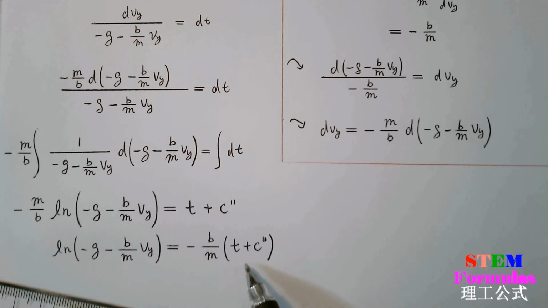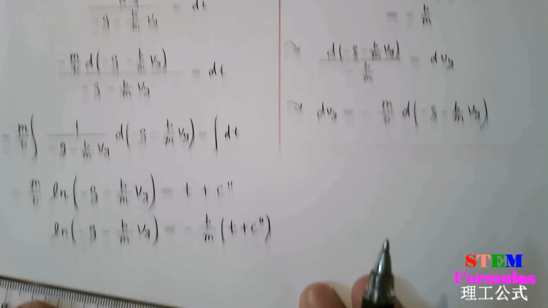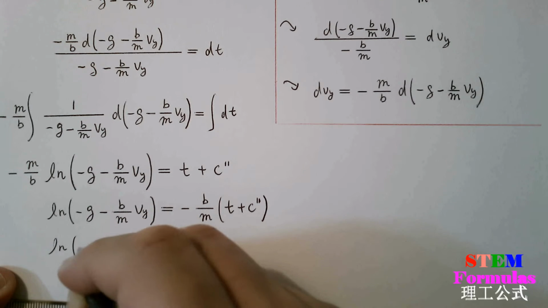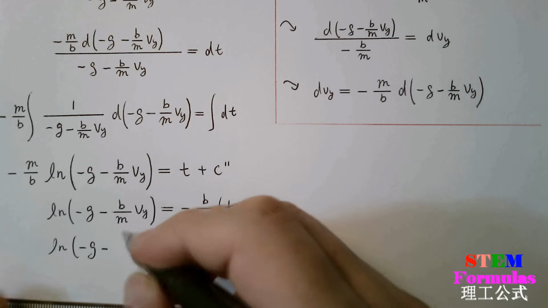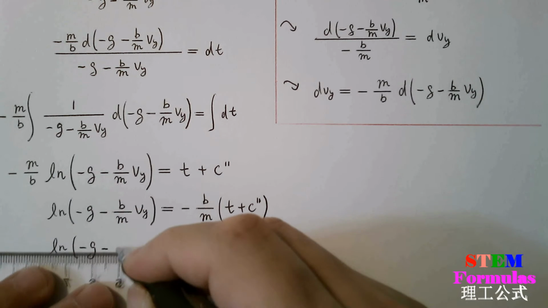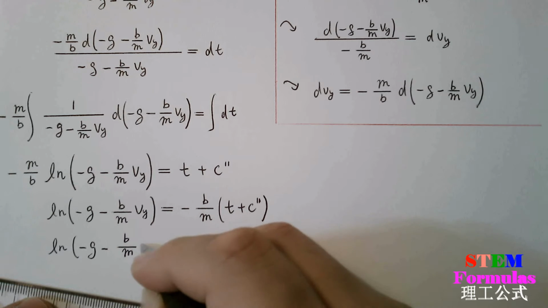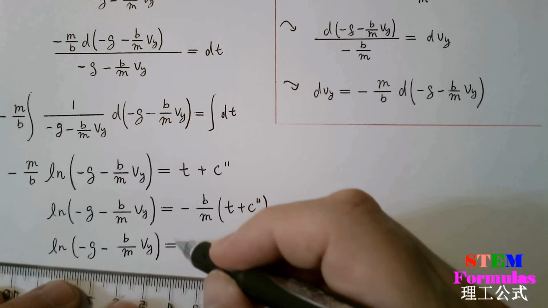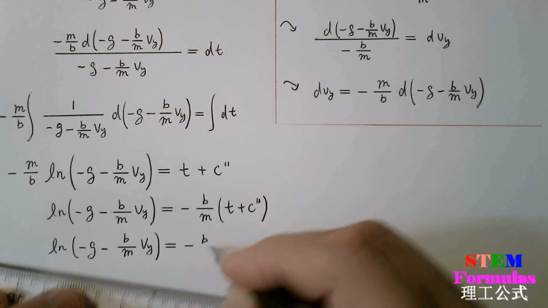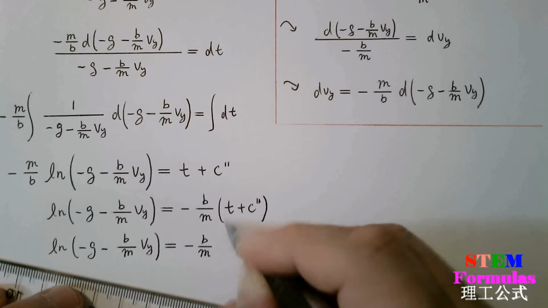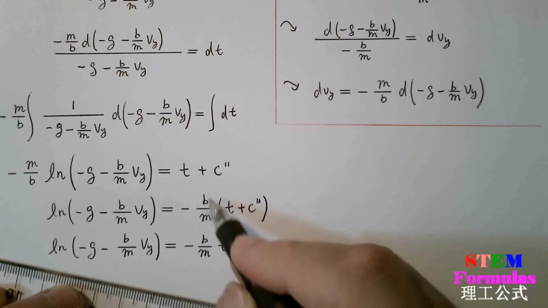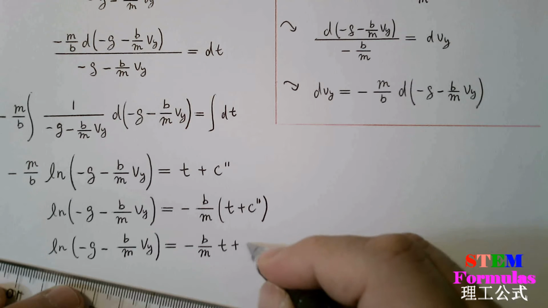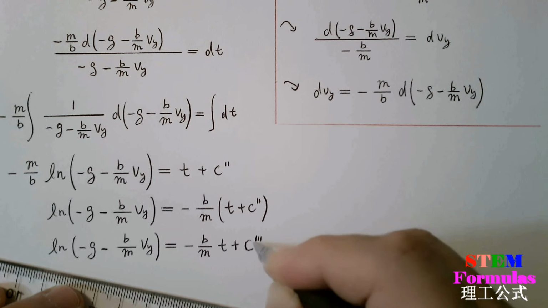I just move this to the right side, and I reorganize: minus g minus b divided by m vy equal minus b divided by m times t plus this constant c double prime, which equals a new constant I call c triple prime.